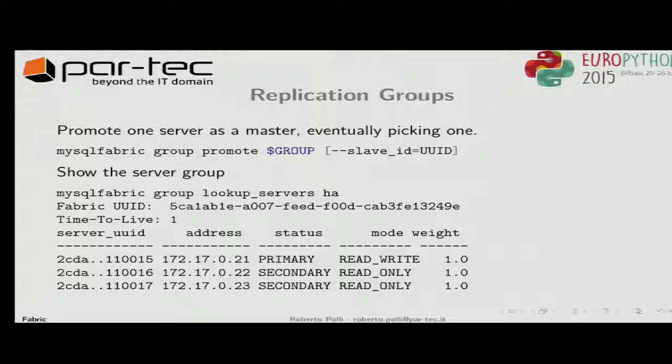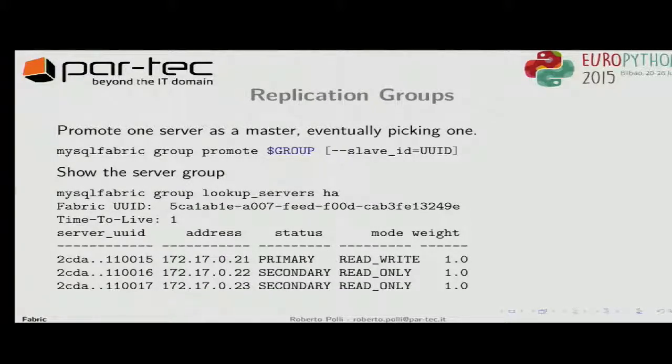You can even provide a server ID. Once you do it, this is the master, the others are the slaves. Fabric takes care of initializing the slaves, replicating everything. And then with lookup, you can just look at the addresses. There is 1 primary server and 2 secondary servers.